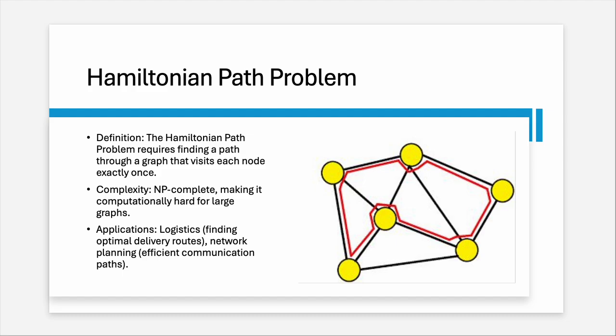This is especially challenging for practical applications like logistics, where finding the shortest delivery route between multiple cities is crucial, or network planning, where efficient paths can lead to cost savings and improved connectivity. Given its complexity, traditional methods struggle to keep up, particularly as the number of nodes grows exponentially. Our goal here is to find a better way to solve this using advanced heuristics.